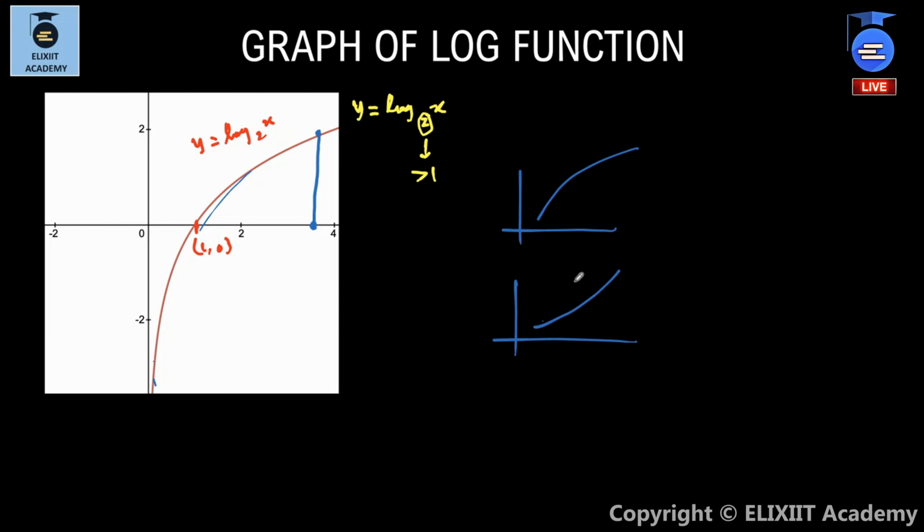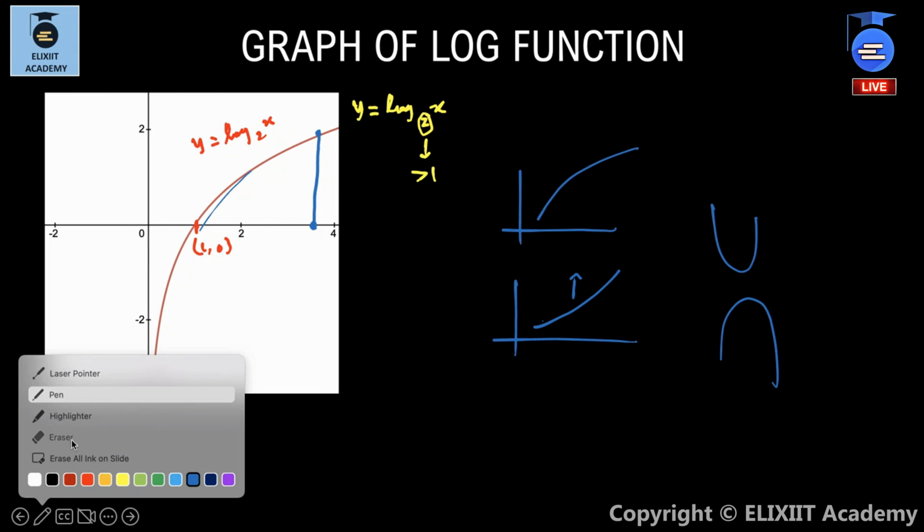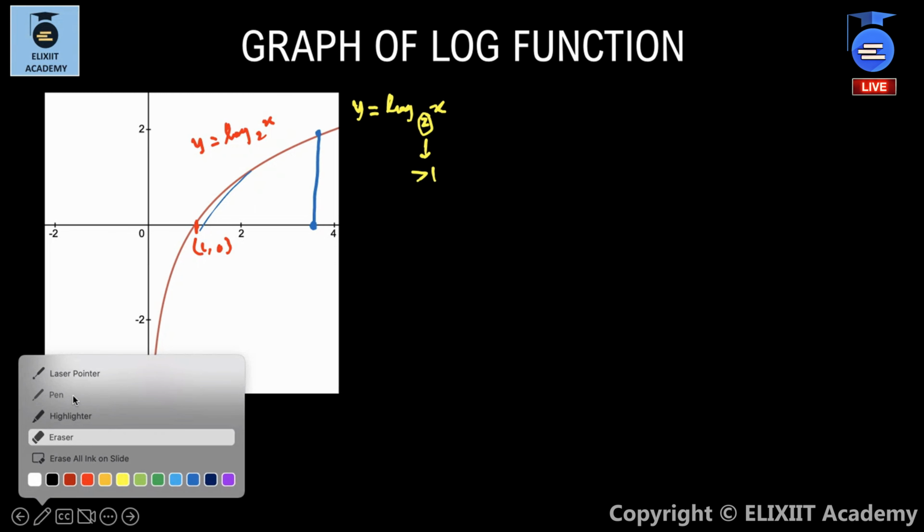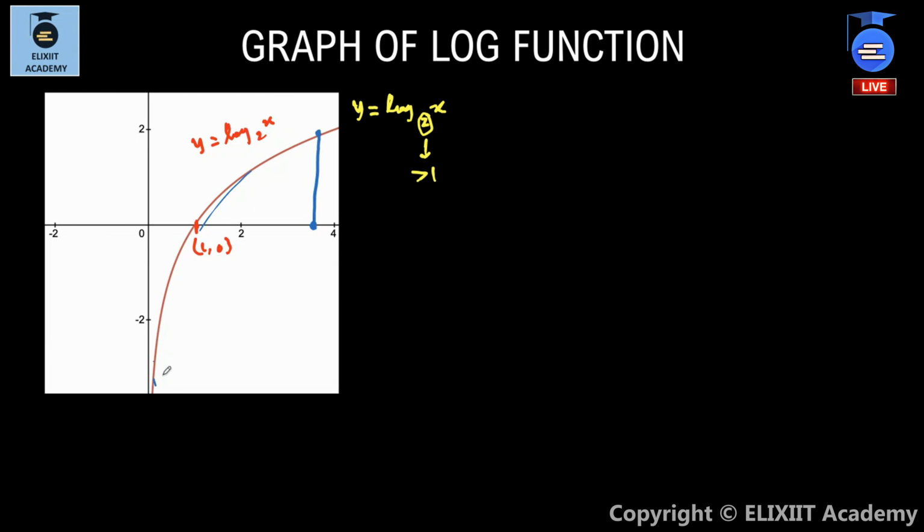This is concave up and this is concave down. So this is facing concave downwards. The inner deep meaning of the graphs we'll do under calculus, concavity. Only the basic idea you just need to know. When the base is greater than 1, then you have an increasing graph of this function.